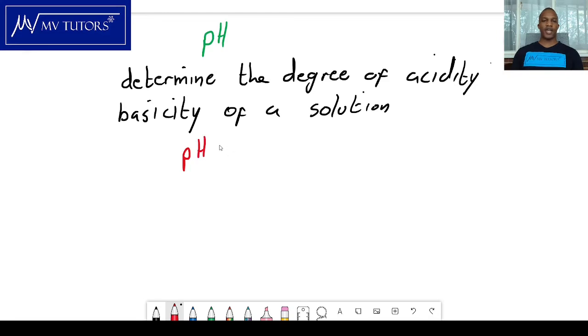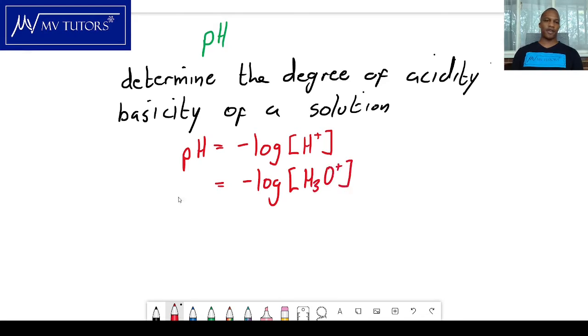Okay, so pH is always equal to the negative log of your hydronium ion, okay, which is basically the same thing as saying the negative log, this is still hydronium, H3O. It's the same thing.